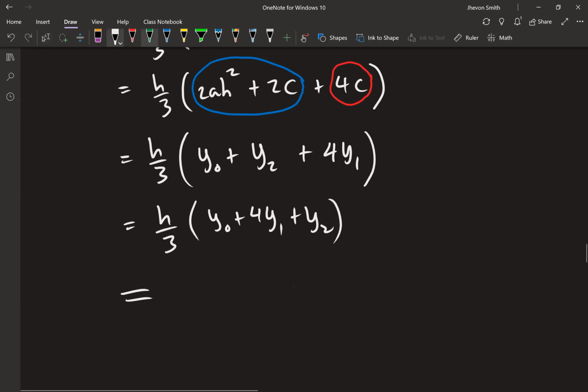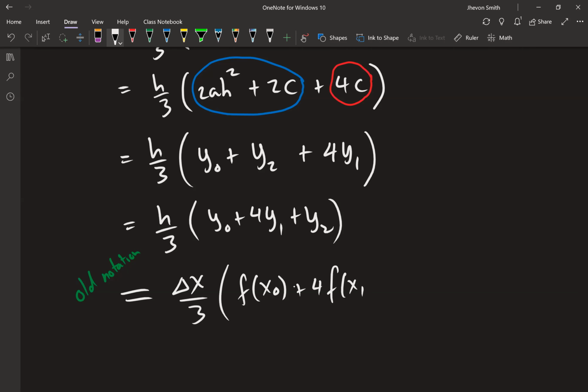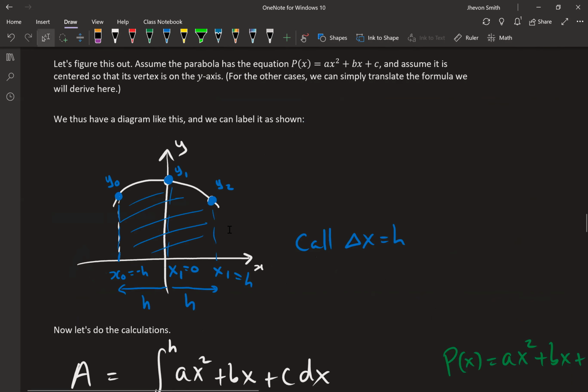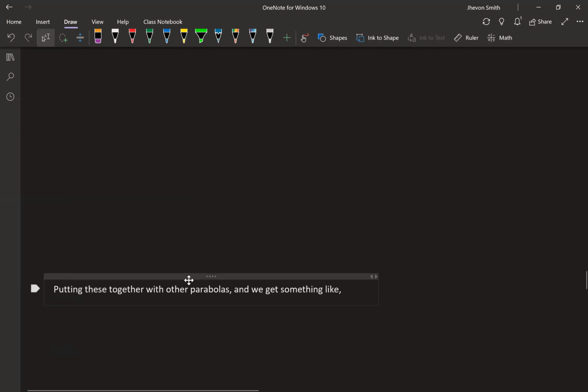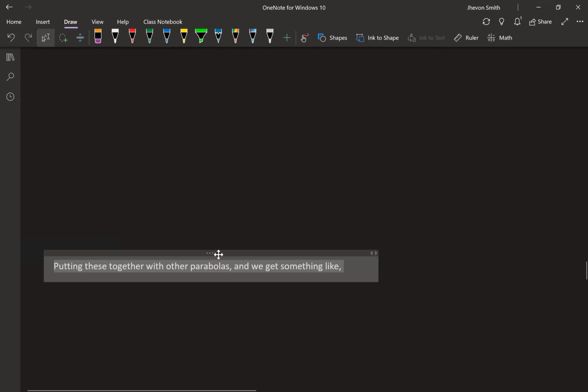Or to use the old notation, this is going to look like delta x over 3 times f of x0 plus 4 f of x1 plus f of x2. So that's the area under a single parabola. I can actually use this formula, believe it or not. And now what we do, putting a bunch of parabolas together.